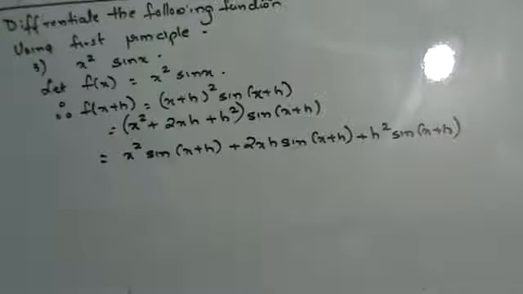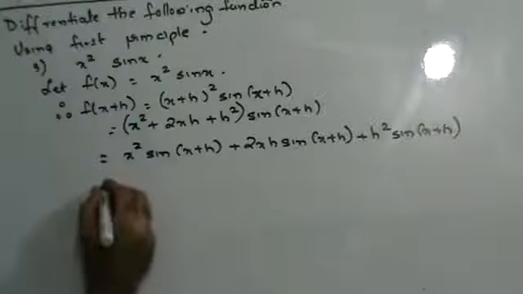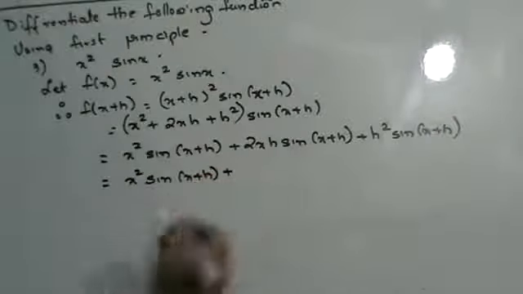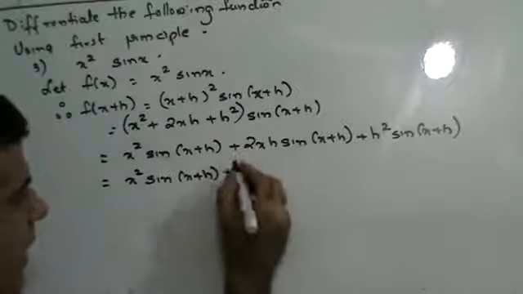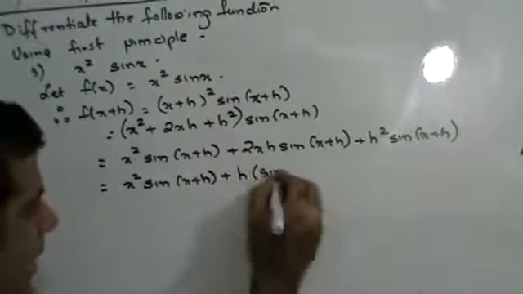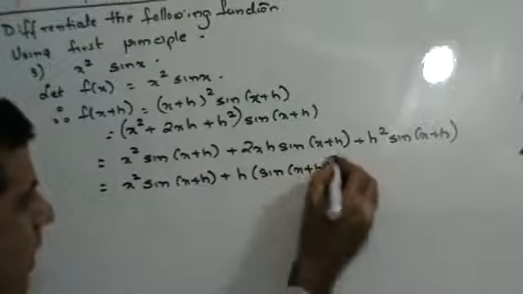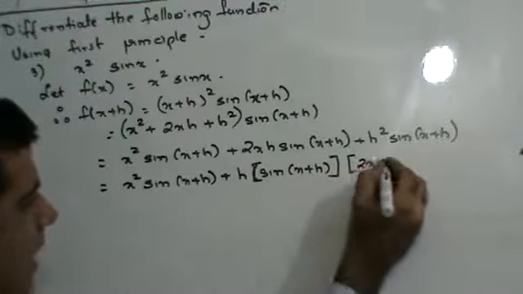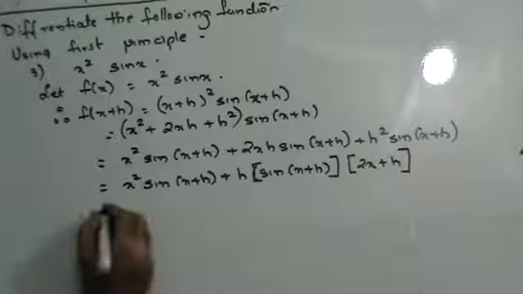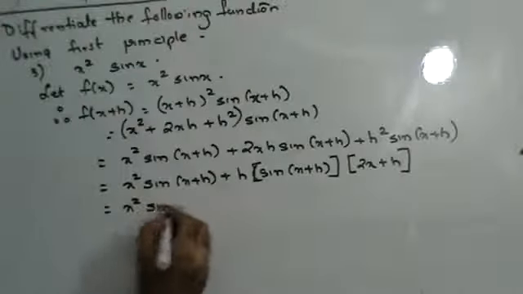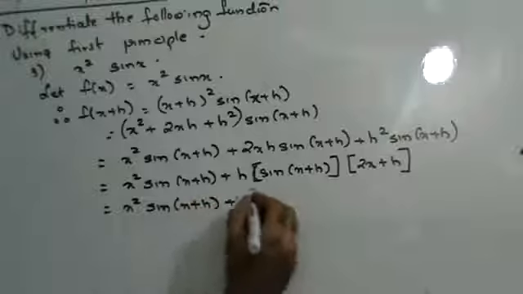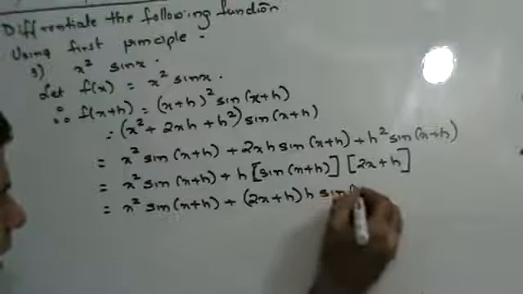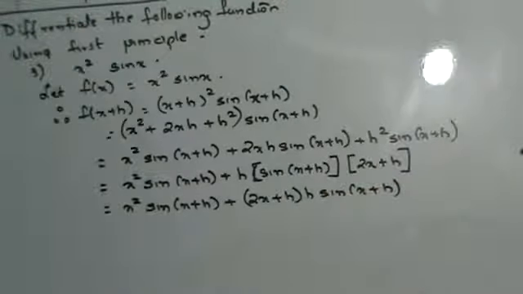Now, this can be written as x square sin(x plus h) plus, between these two terms I could take h common, sin(x plus h) common, in which case 2x will remain from here and h will remain from here. So your answer here will be x square sin(x plus h) plus (2x plus h) into h sin(x plus h). That's your value of f of x plus h.